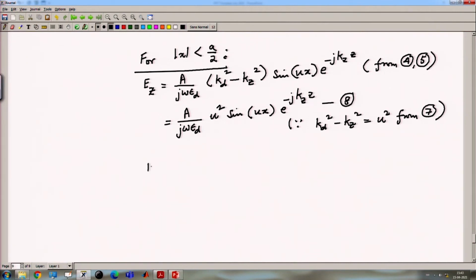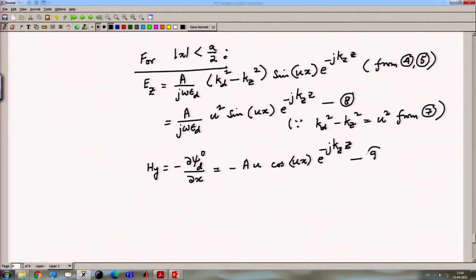Similarly, the tangential field component H y inside the dielectric for the odd mode becomes minus del psi d o by del x, that is minus A u cos u x e to the power minus j k z z.